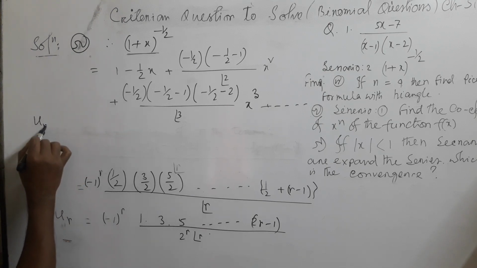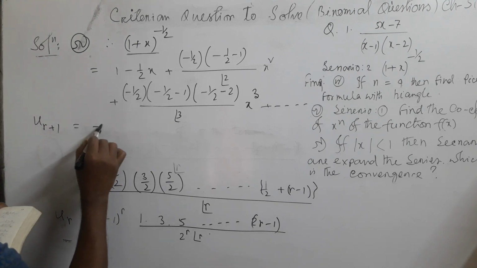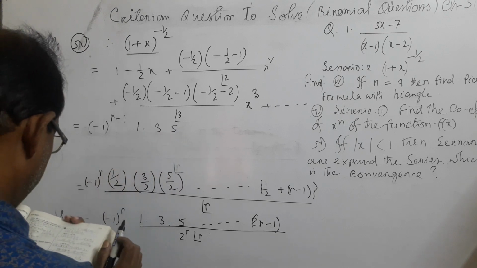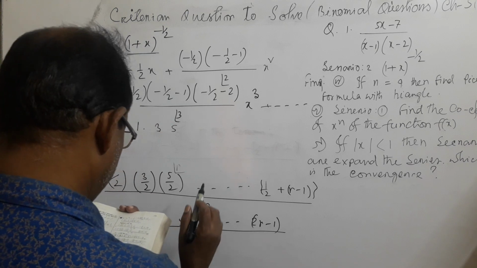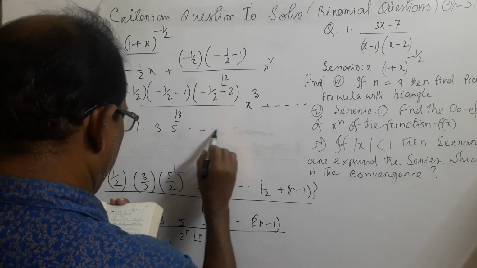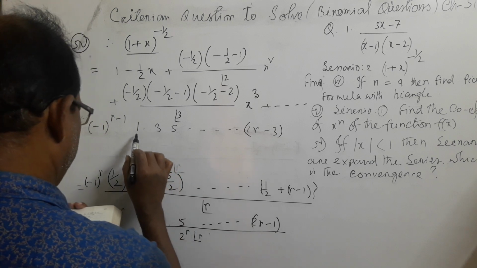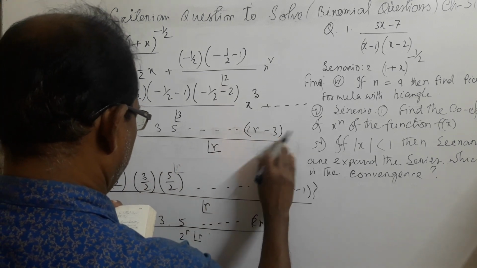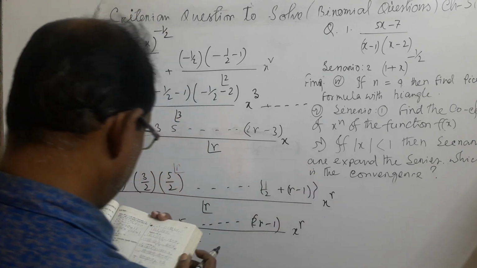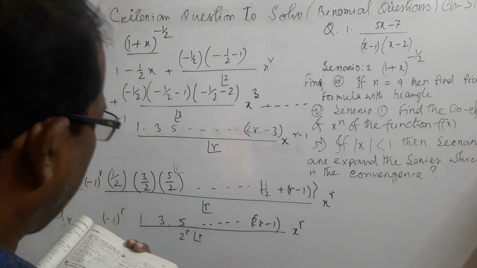So u r plus 1 equals minus 1 to the power r plus 1, and 1, 3, 5, up to 2r minus 3 divided by factorial r, into x to the power r minus 1, factorial r.